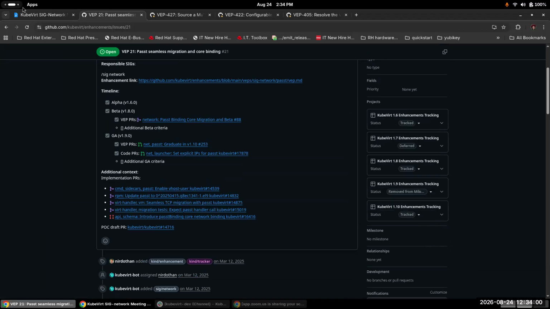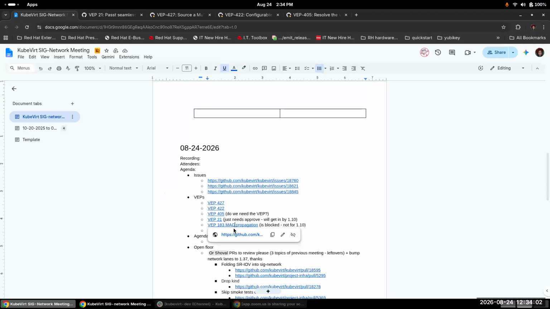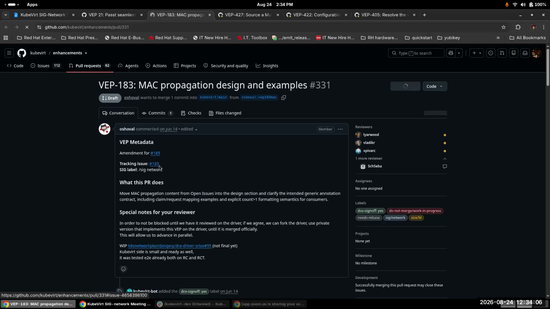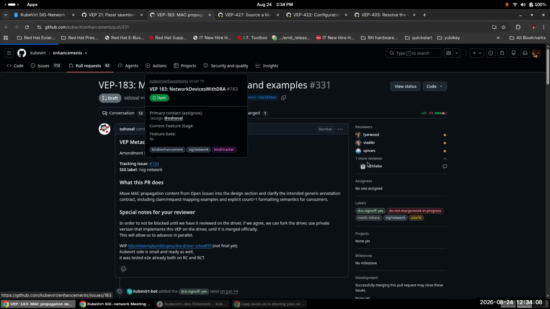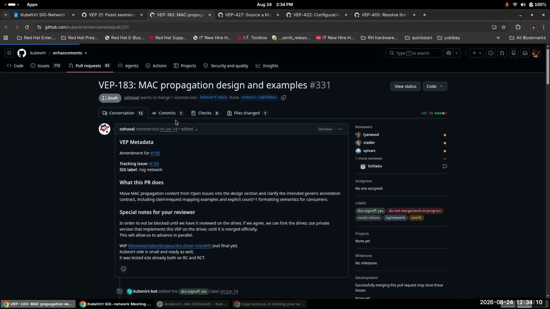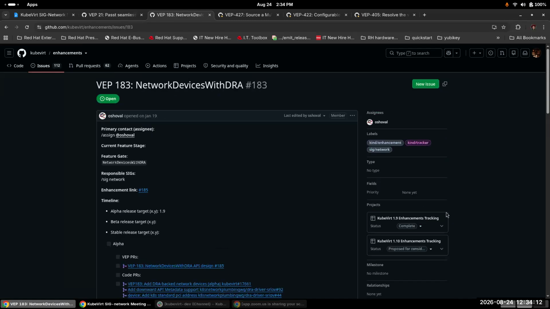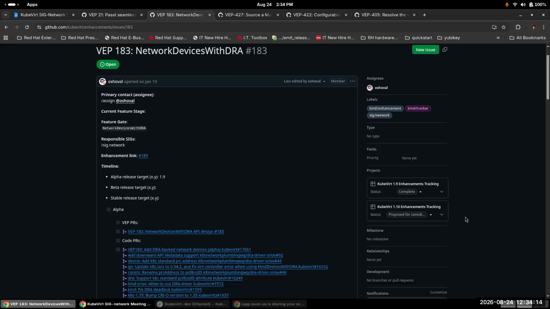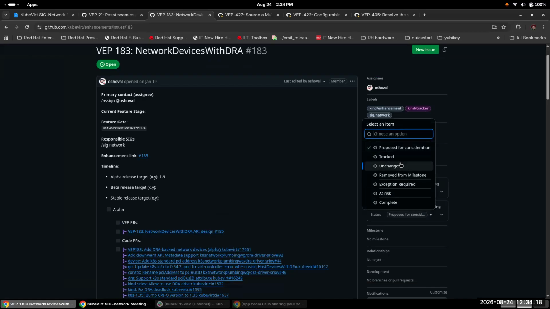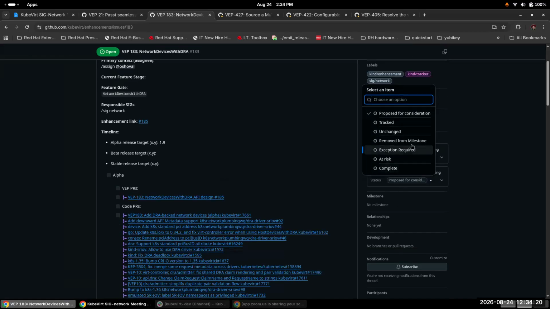Then now go to the previous one. Let's see that one. It's confusing with the equal to the issues. It is being tracked for 1.5. This is intent. Remove it from the milestone.